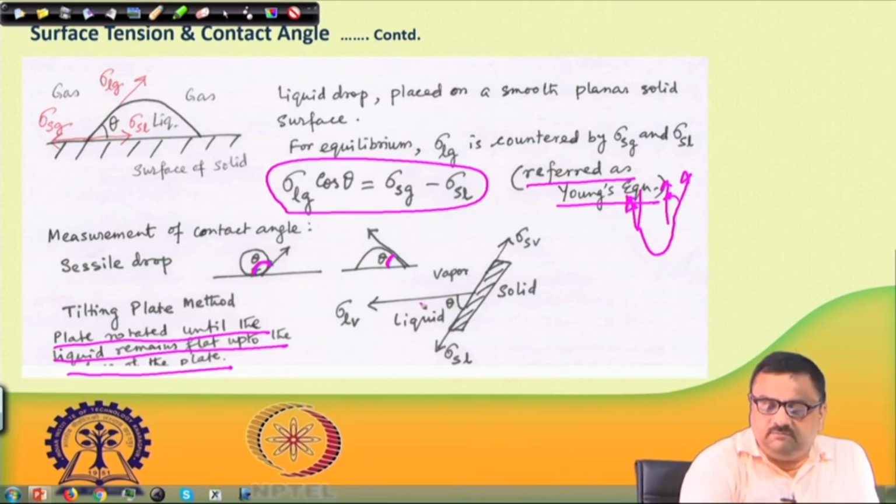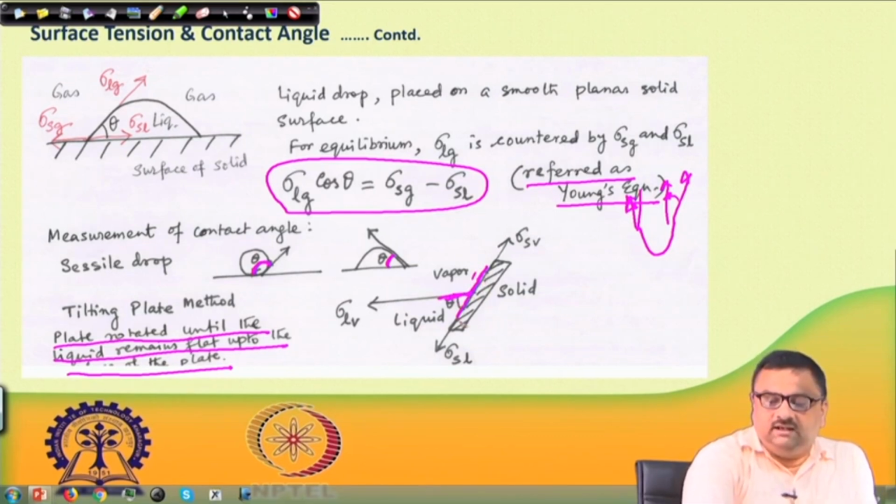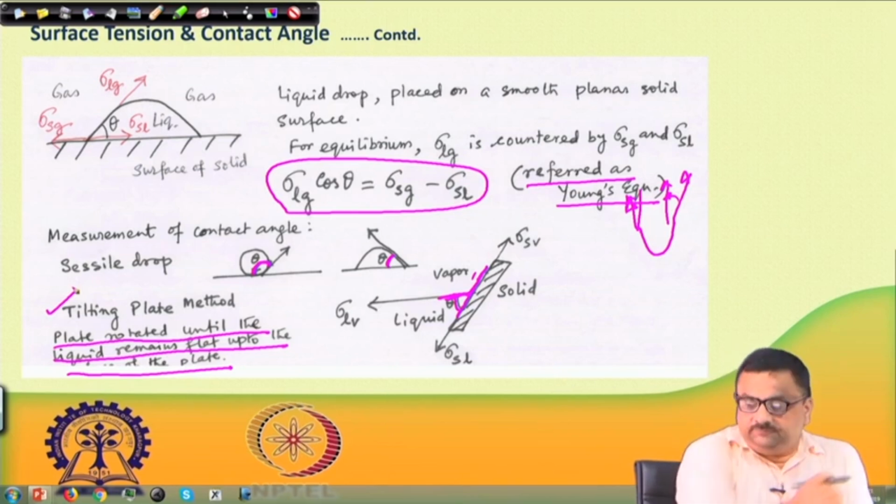The liquid remains flat as long as this becomes a straight line. If one makes it more vertical, then you find that there is a rise in liquid level. So, that angle, at which the liquid remains flat, can be measured, and this angle can be found out. This is referred to as the tilting plate method.